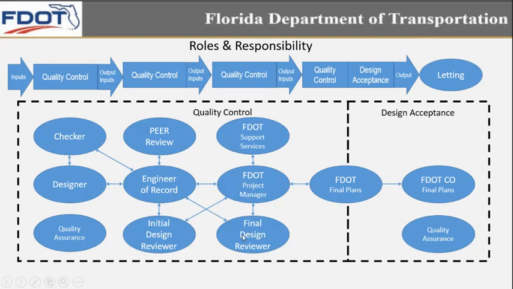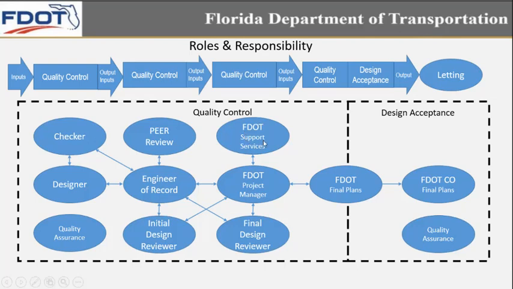And you can see this whole loop here is another cycle that quality control has to satisfy. As we spoke about that QC feedback loop, you'll see that loop taking place with these main players here.